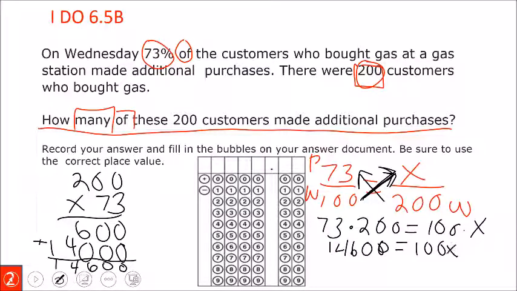Now I need to isolate. Ms. Teiglin has told me to isolate my letters away from my numbers and make them go by themselves. They don't always like friends, so we want them to be alone. So I'm going to divide by 100 because 100 divided by 100 is 1. So that'll make that go away and it's going to be 1x.